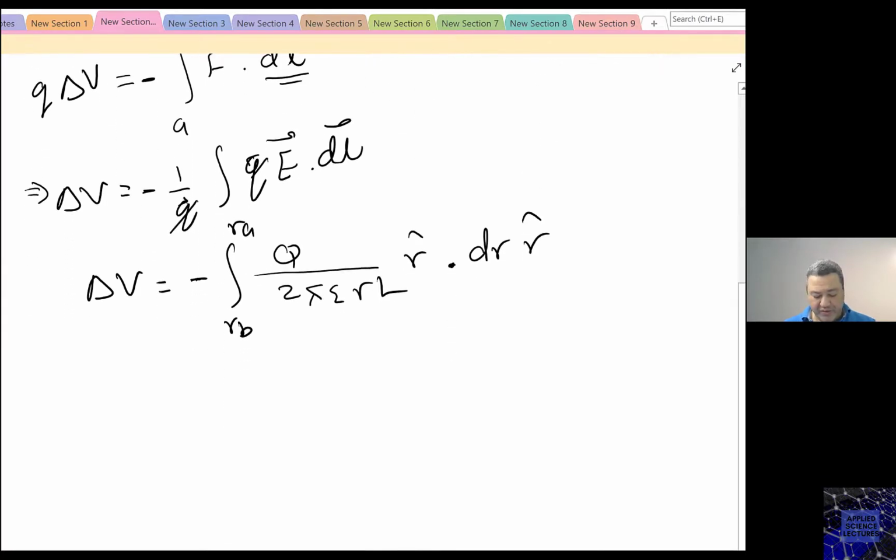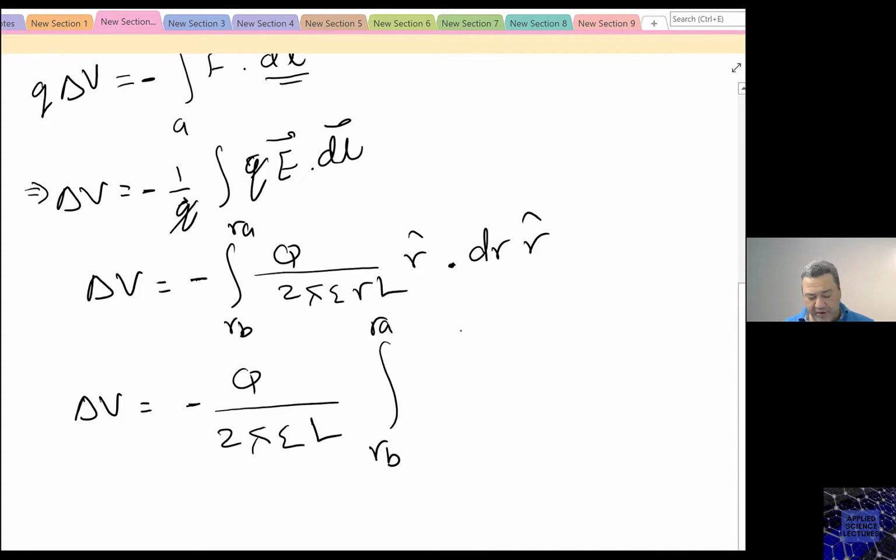So this results in R hat dot R hat. Then I can take the Q over 2 pi epsilon L, all those constants, outside, and I will end up with the integral from Rb to Ra of dr over R.